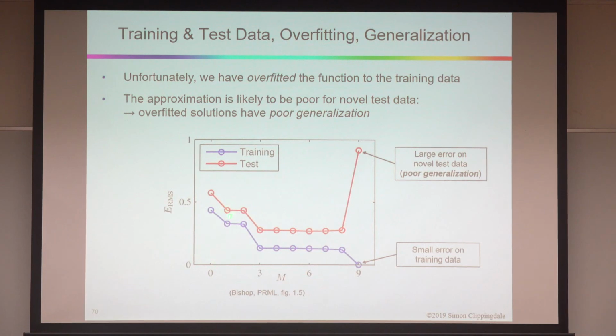So in this case, we gradually increased the order of approximation of this polynomial, and the error on the training data gradually reduced, and the error on novel test data gradually reduced, until we got to here when we fitted this ninth order polynomial exactly to the training data, at which point the RMS error on the novel test data suddenly increased.